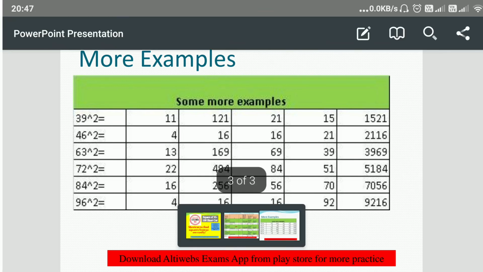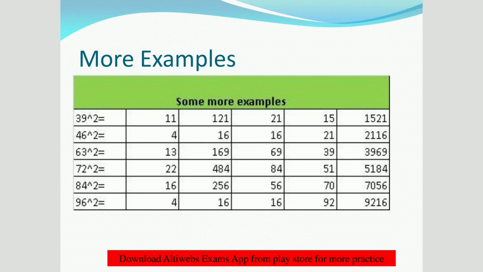It will be 100 minus 2 into 16, 100 minus 32, plus 2. 100 minus 32 is 68, right? And what is the first digit of the x square? 2. 68 plus 2 is 70. So 84 square is 7056.